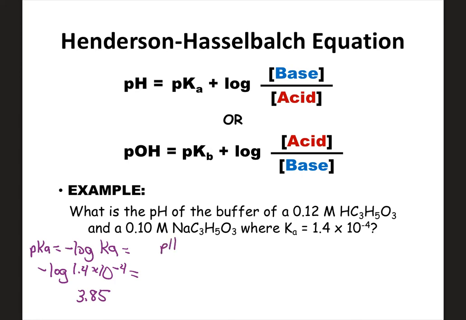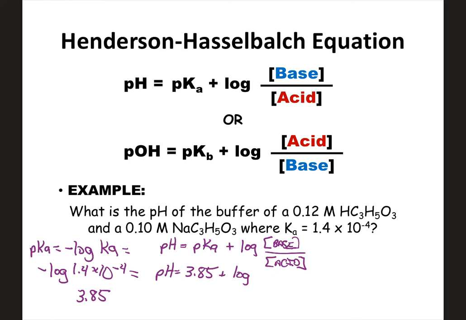So we have pH equal to pKa plus the log of the concentration of your base all over the concentration of your acid here. So now when I'm ready to plug in, I'm solving for the pH here. So I'm going to have pH equal to 3.85, that was my pKa, plus log here, concentration of the base.